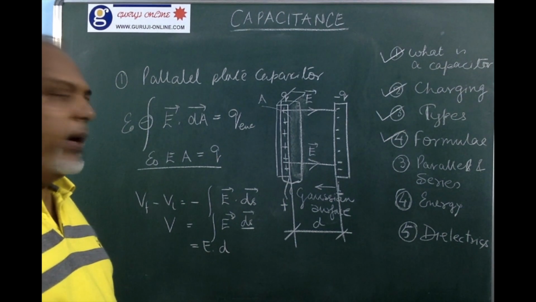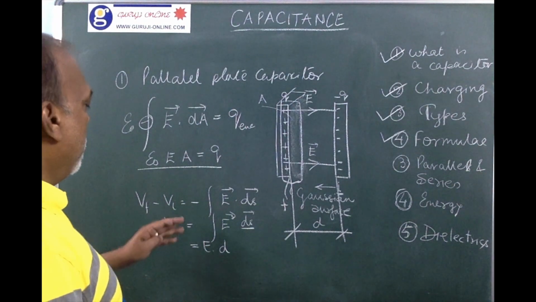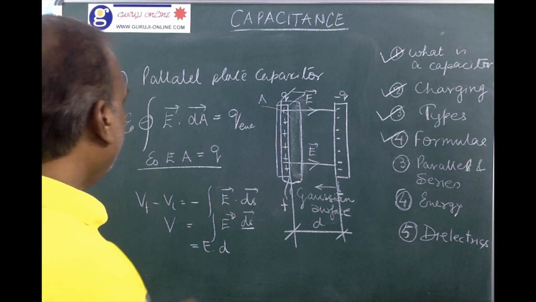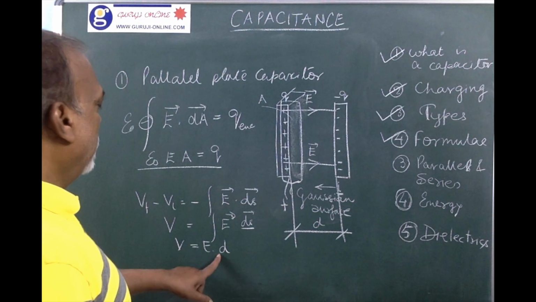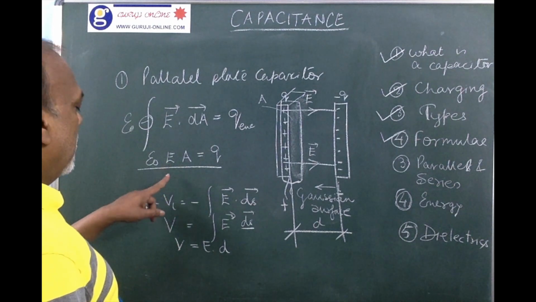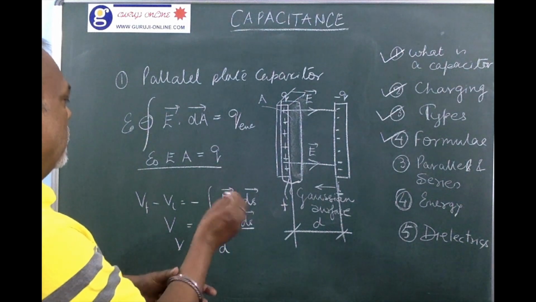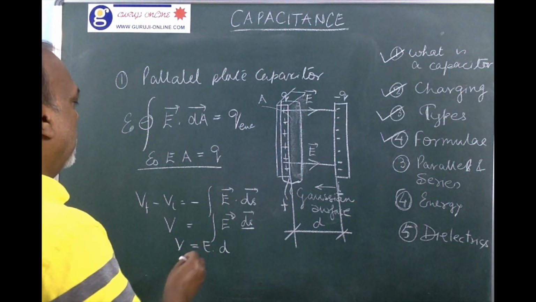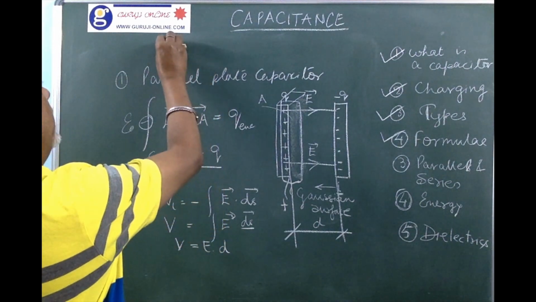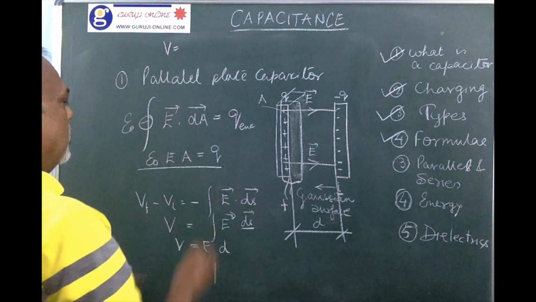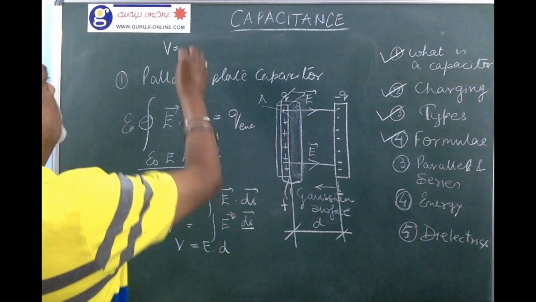So here V is equal to ED and E is equal to Q upon A epsilon 0.